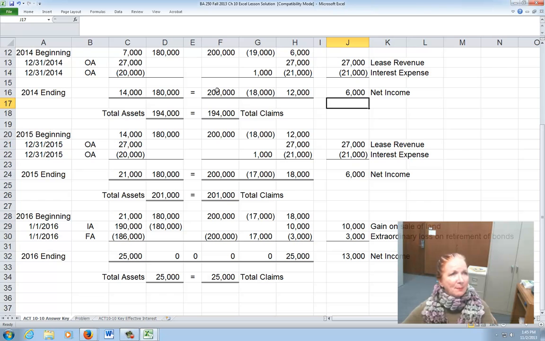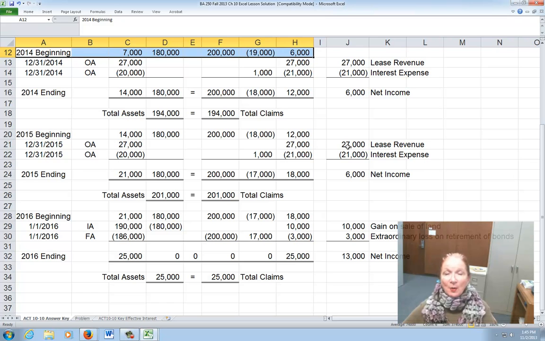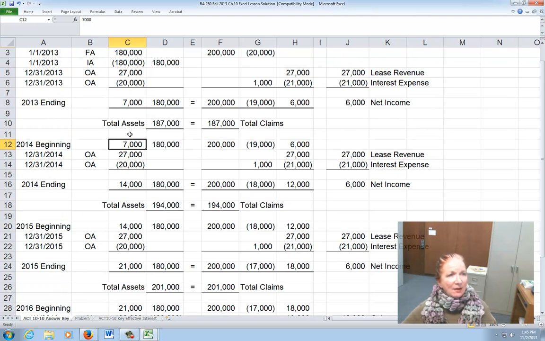Now remember that the balance sheet up here, those are permanent accounts. Those stay open at year end. So they always have to bring forward their beginning balances. So when we look at this beginning balance, we have that to be $7,000. It would be even better to have a cell reference that it's equal to this.